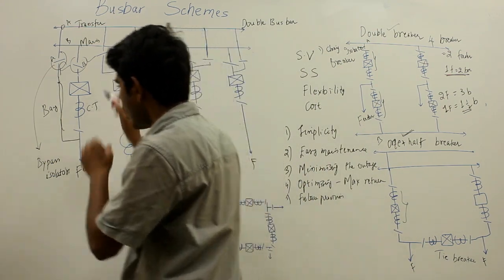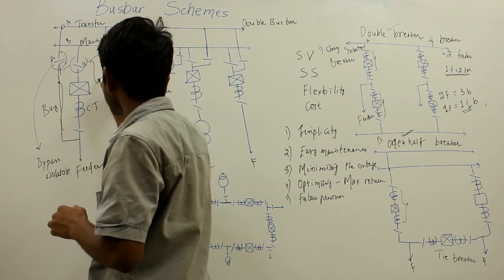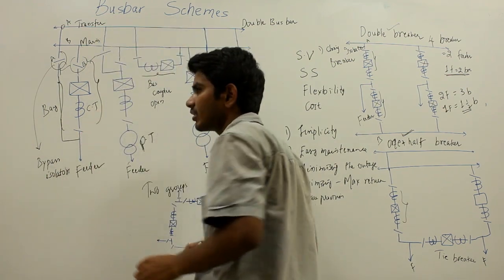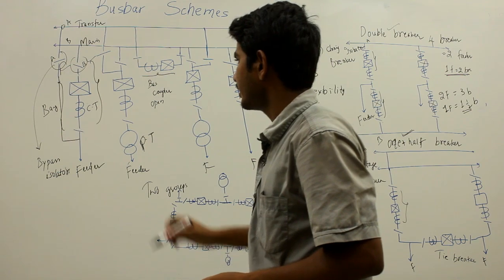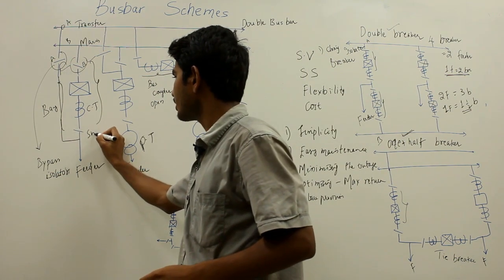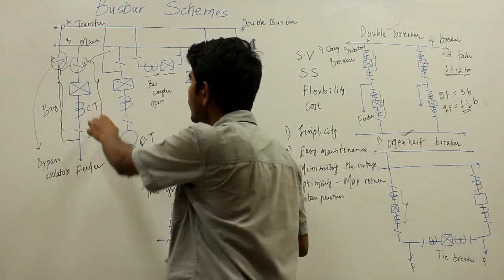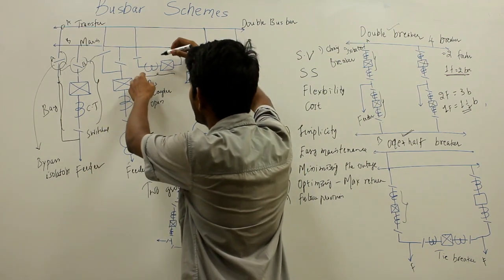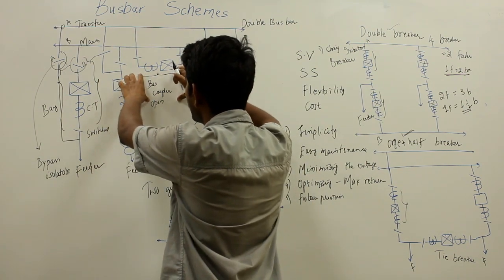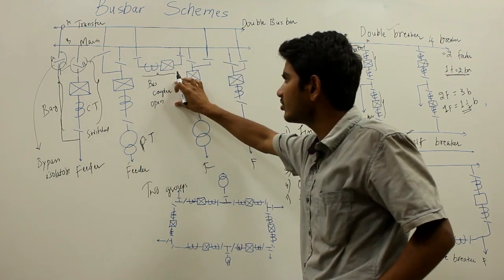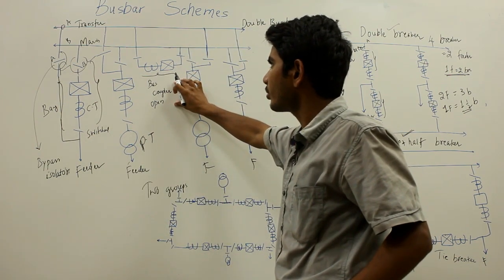Suppose the main circuit breaker here is switched off or made out of the system, then the whole power gets instantly shifted to the bus coupler, and the bus coupler in that way serves the purpose of protection.